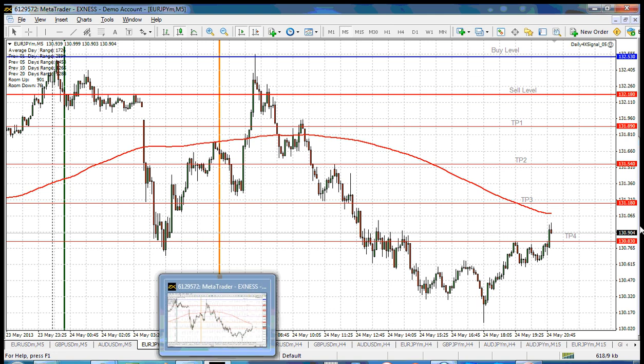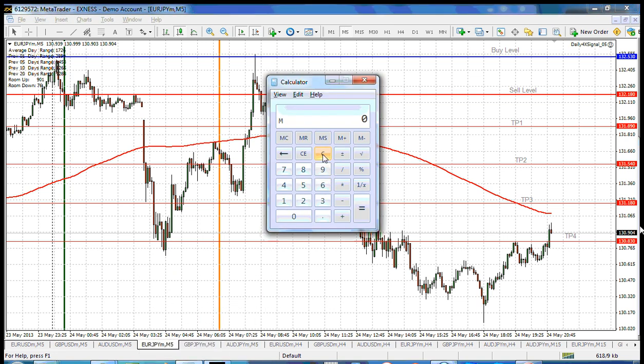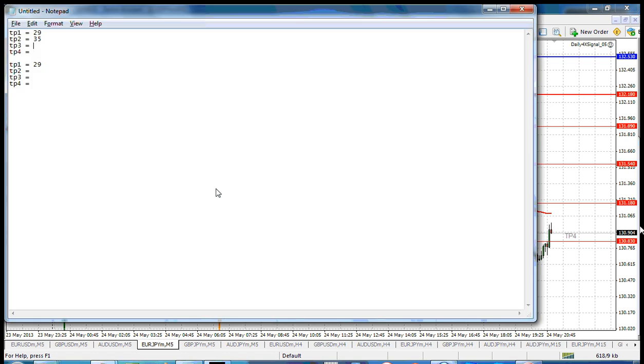That's 131.54 minus 131.18. That is 36 pips.